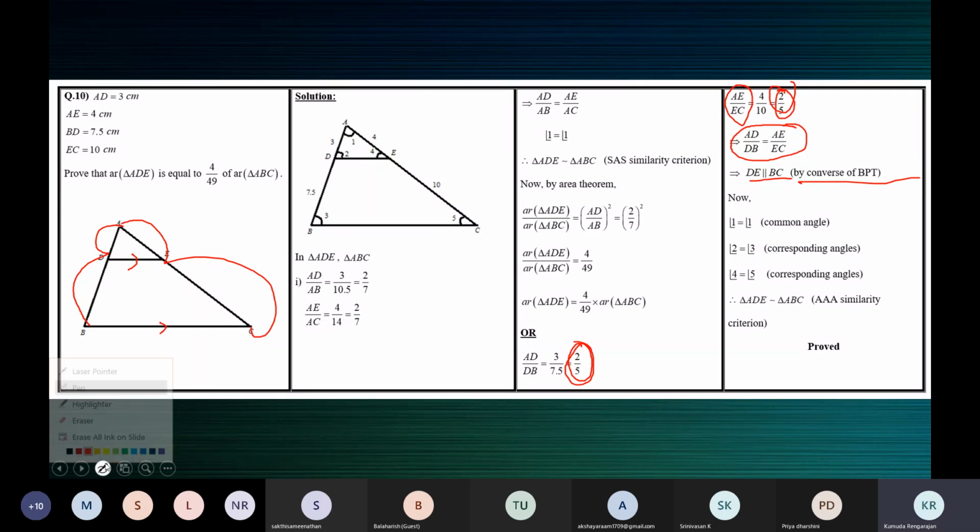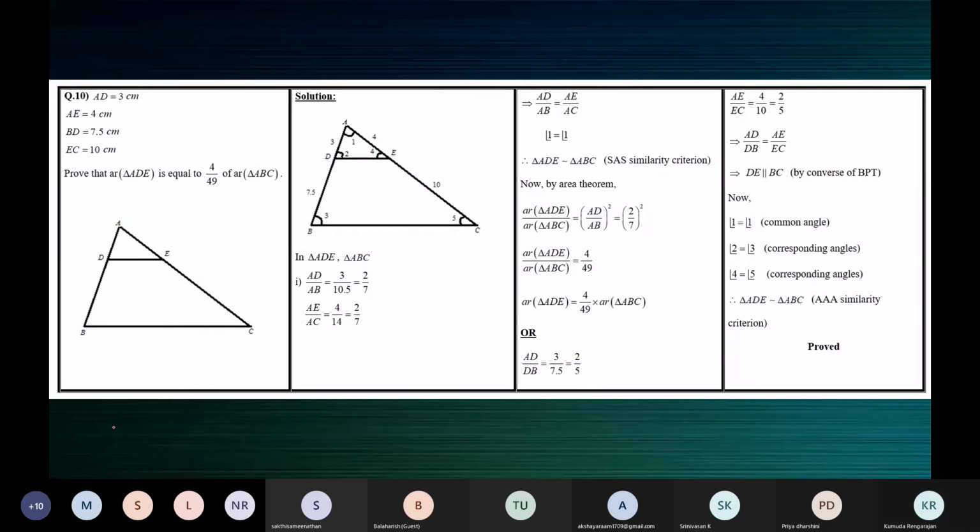When the sides are proportional, AD by DB equal to AE by EC, the lines are parallel. DE is parallel to BC.